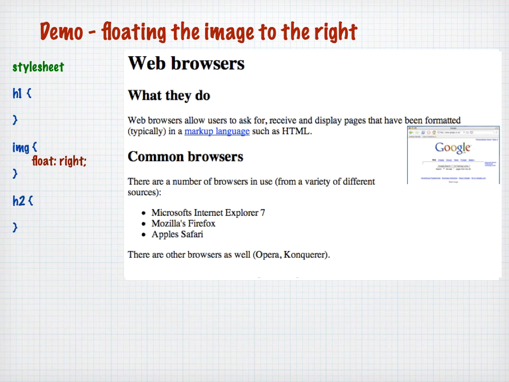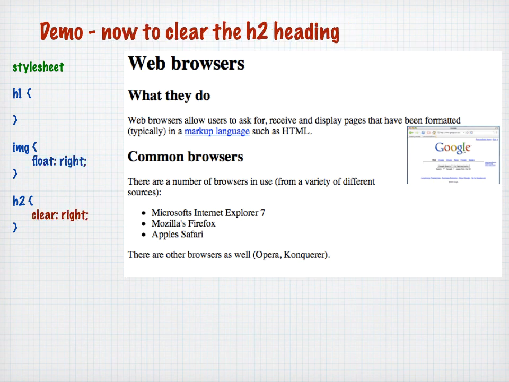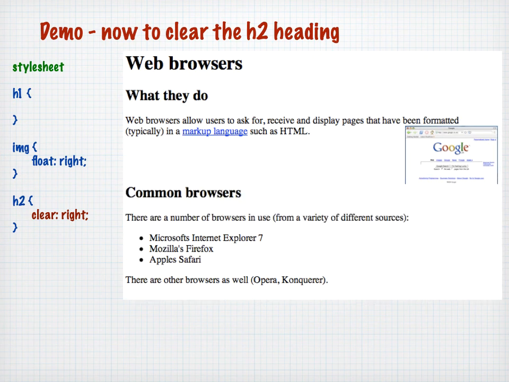Now what we could do is say float that image to the right, but for the H2, nothing is to appear on the right of the H2. So if we do that, watch what happens. There we go. You can see that by applying that rule, the H2 naturally is pushed down the page because nothing has to appear on the right hand side of it.